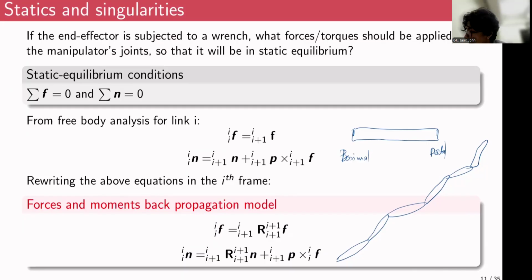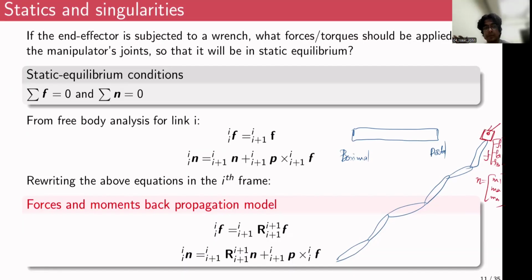If you consider this tip to be the end effector, and if the end effector is subjected to some forces and moments, maybe in 3 dimensions, you will be subjected to F1, F2, F3, the force vector, and you will also be subjected to some moments, M1, M2, M3. If the end effector is subjected to some forces and moments, what should be the forces and moments that each of these joints have to exert such that the robot will be in static equilibrium?